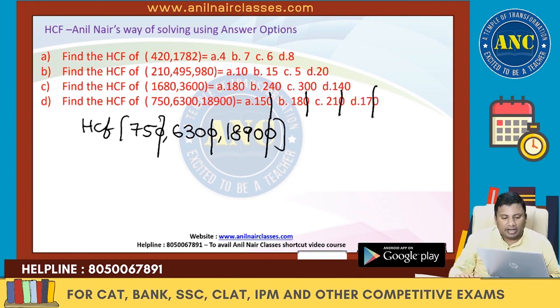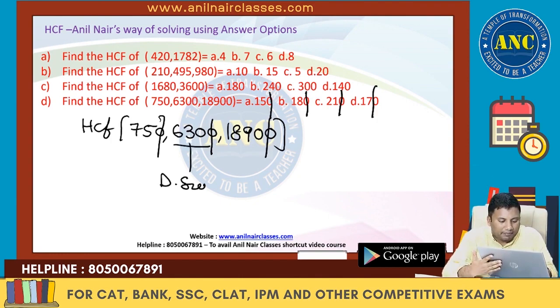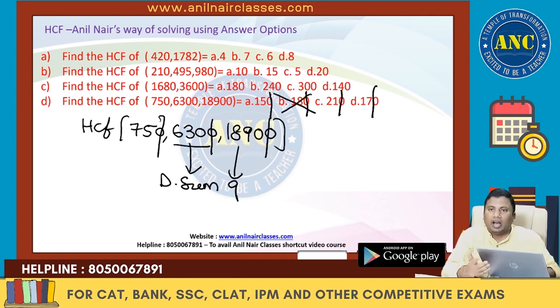Just by looking at the question I can say 630 digital sum is 9. Here also the digital sum is 9. Option B digital sum is 9. 750 digital sum is not 9. 180 is eliminated.